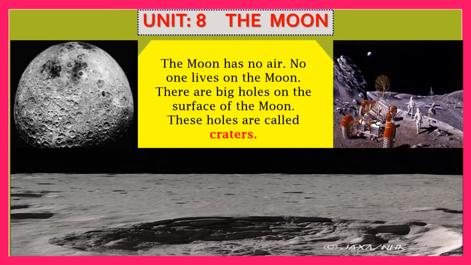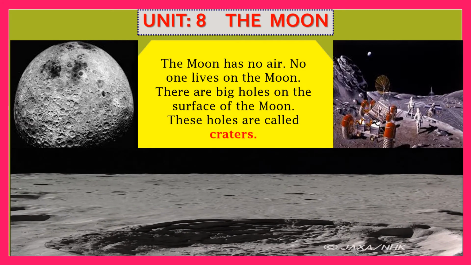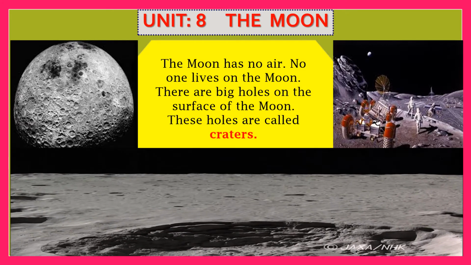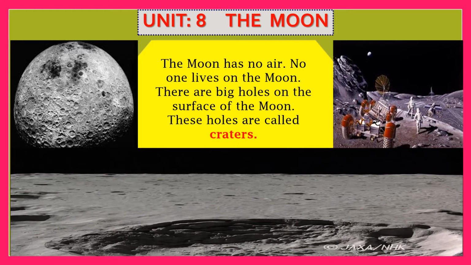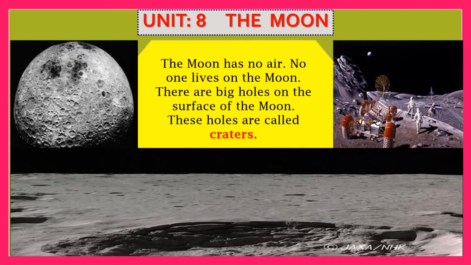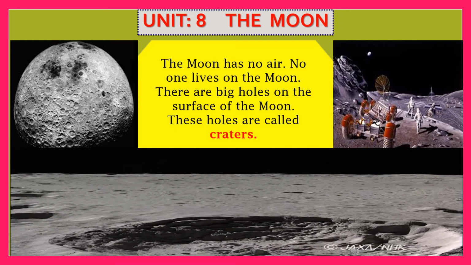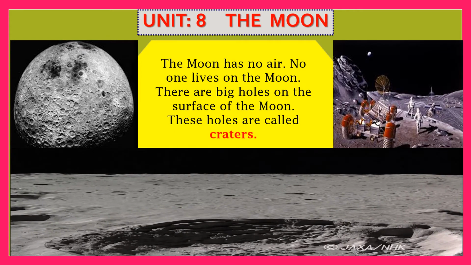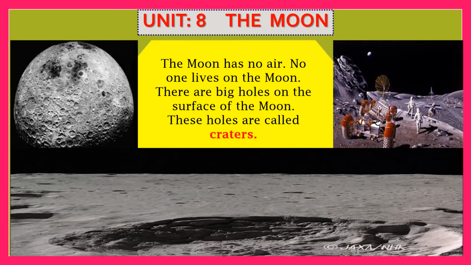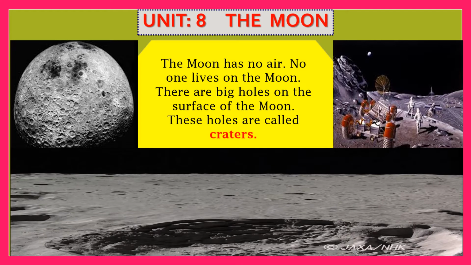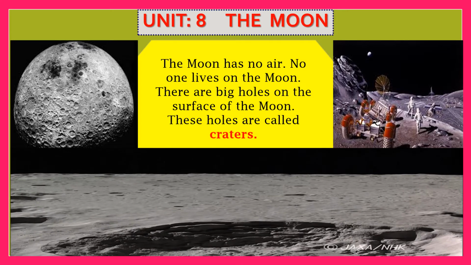I am reading from sentence 4 of your page 51. The moon has no air. No one lives on the moon, and there are big holes on the surface of the moon.